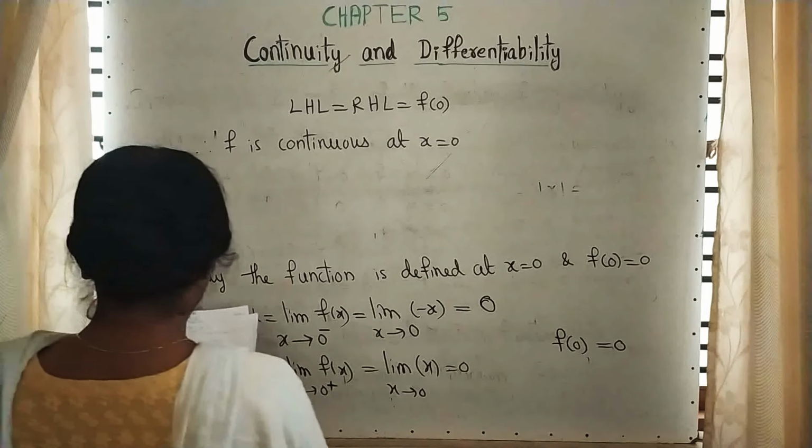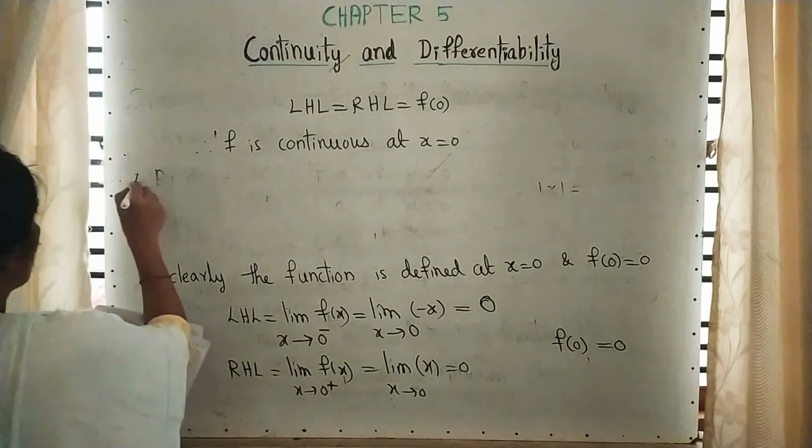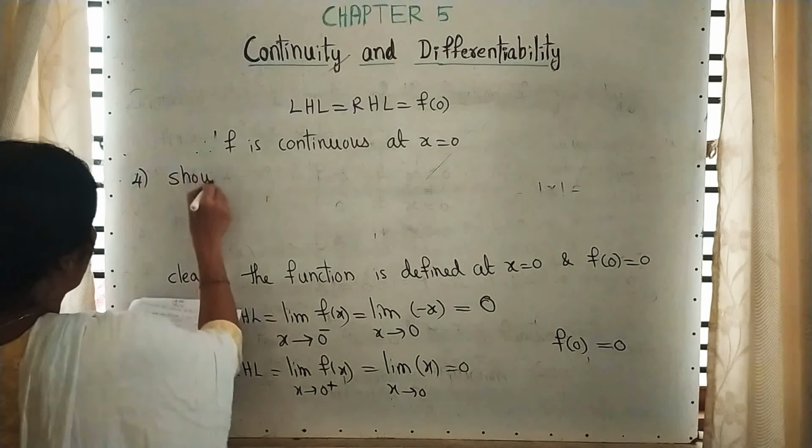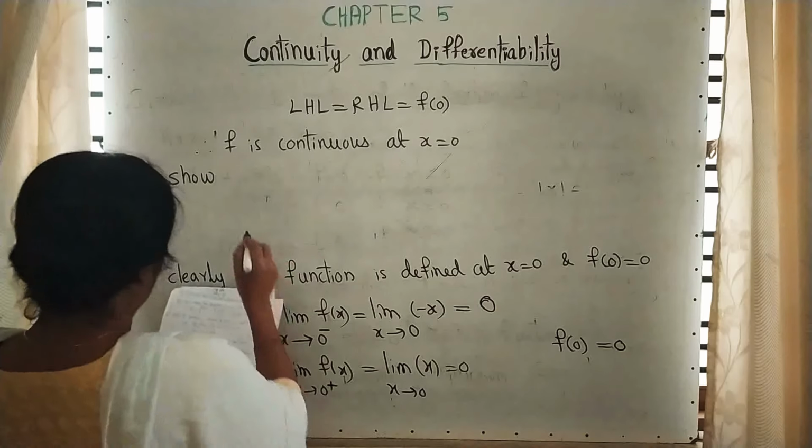Now, shall I give you one question? The fourth one I will give you as an assignment. In the next class I will explain this one. Then I will start with exercise 5.1.